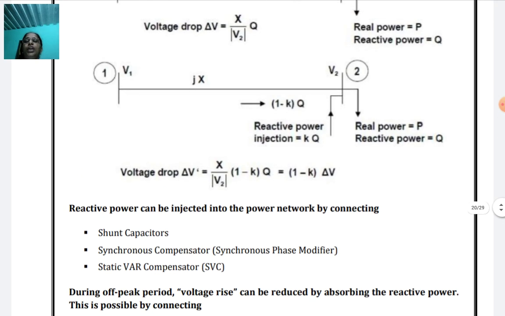From this we learned how to control the voltage in the power system and how to maintain voltage stability. The basic concept is that we control the voltage by controlling the reactive power.